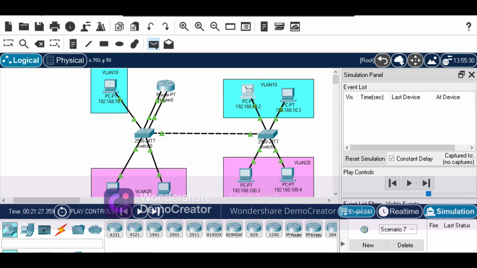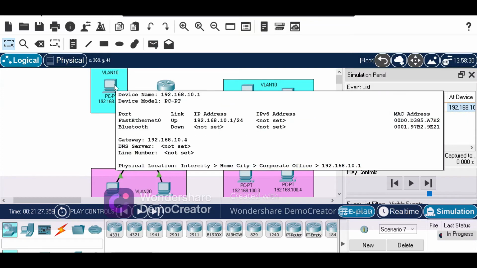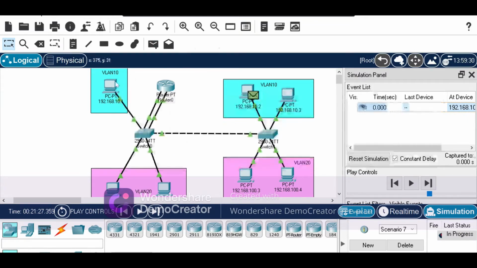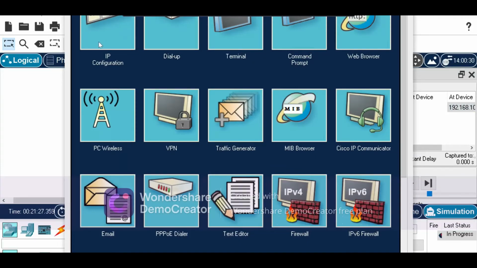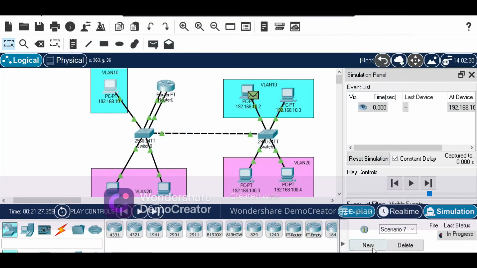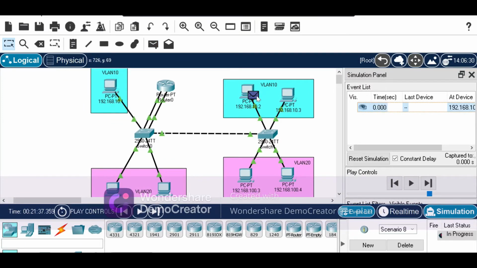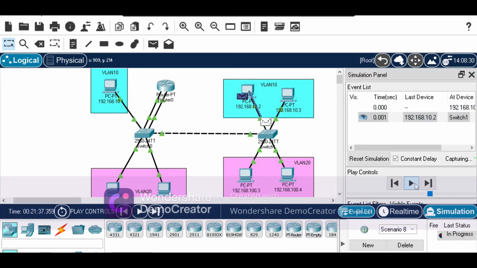I want to send a message from 10.2 to 10.1. Let's see how it works.